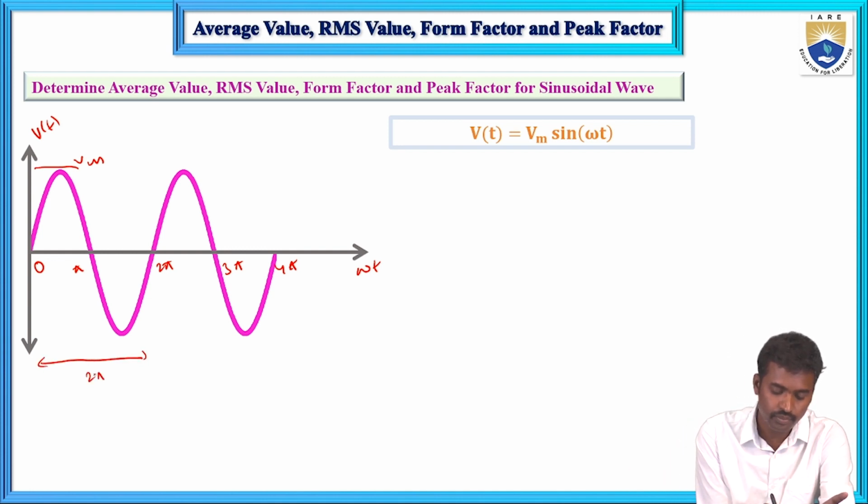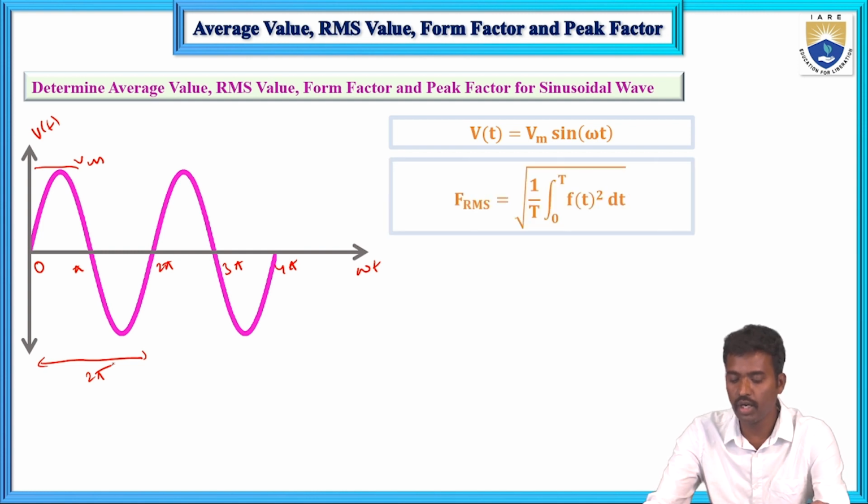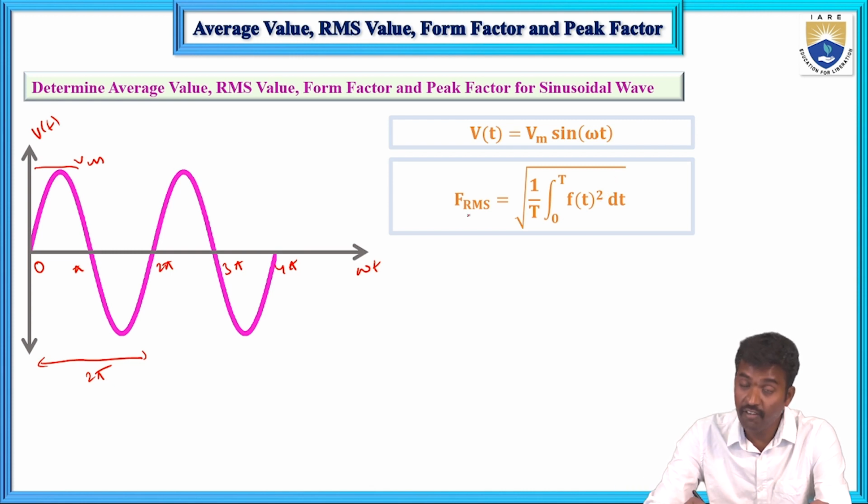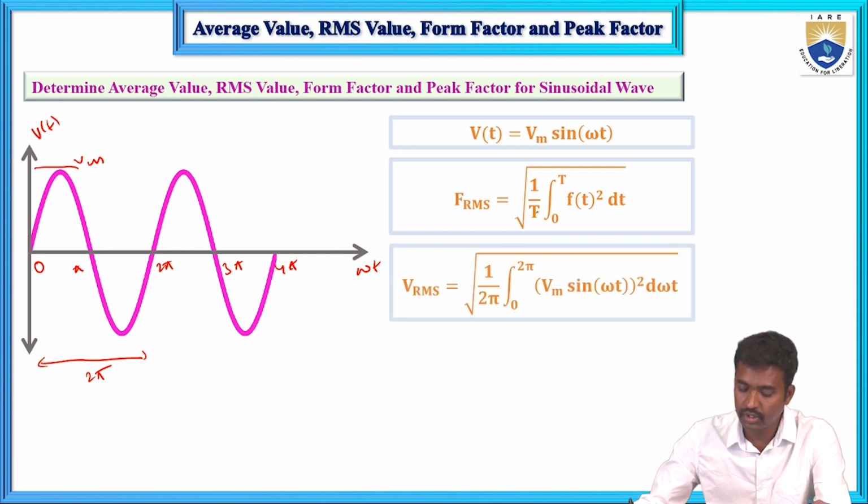The formula is F RMS equals square root of 1 by T, integral 0 to T of f of t squared dt. Here f of t is v of t and T equals 2 pi. Substituting, V RMS equals square root of 1 by 2 pi, integral 0 to 2 pi of Vm sin omega t squared d omega t.